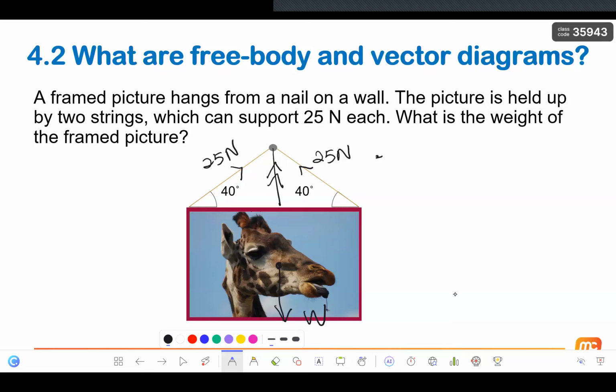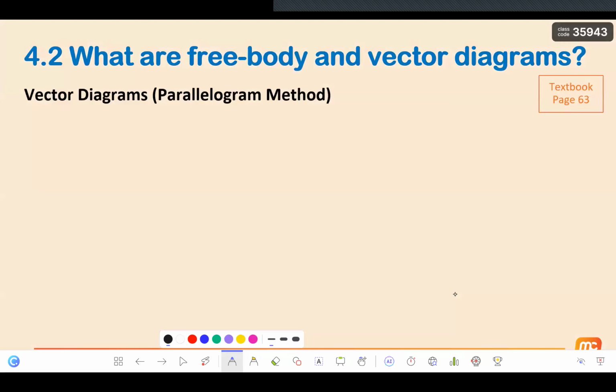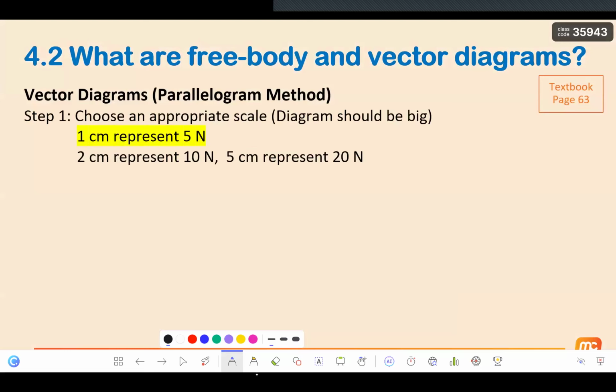Okay, so let's take a look at how we solve it by parallelogram method. Okay, so step number 1, for parallelogram and for tip to tail, we always need to choose an appropriate scale. Our scale should make it such that it will occupy the space that is given, but it should not exceed the entire piece of paper.